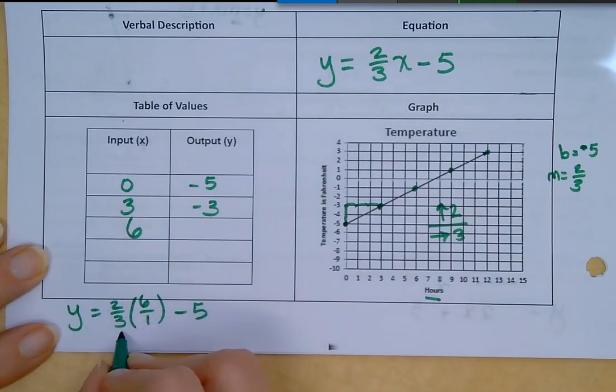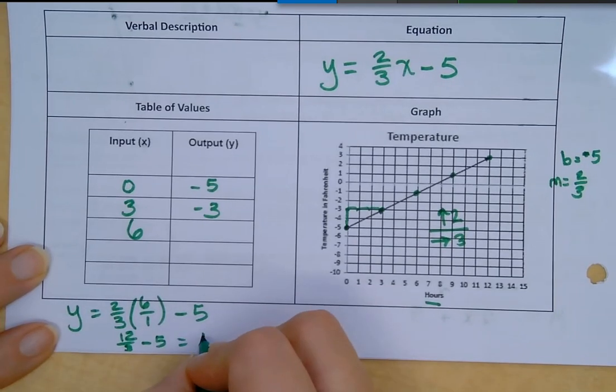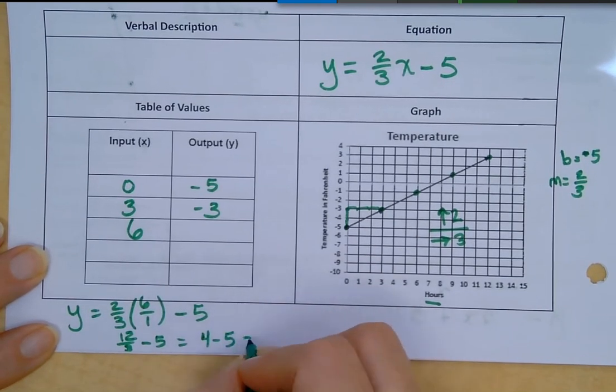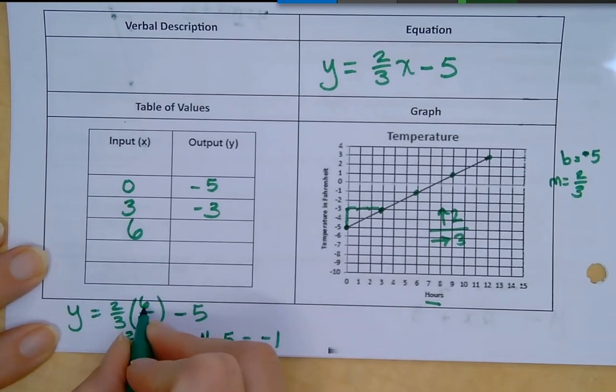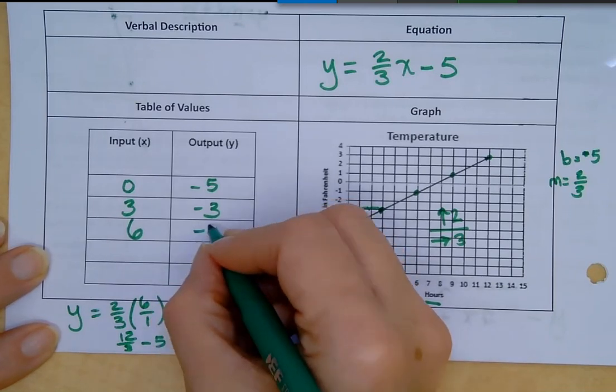So 2 times 6 is 12, over 3, minus 5. 12 divided by 3 is 4, so this equals 4 minus 5, which equals -1. If I plug in x equals 6, my y value equals -1.